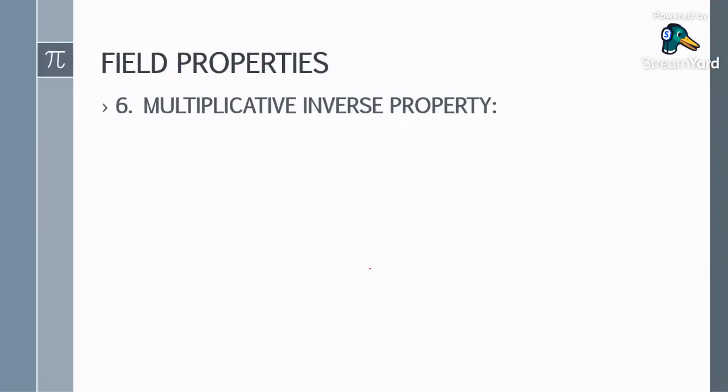Another property is the multiplicative inverse property.